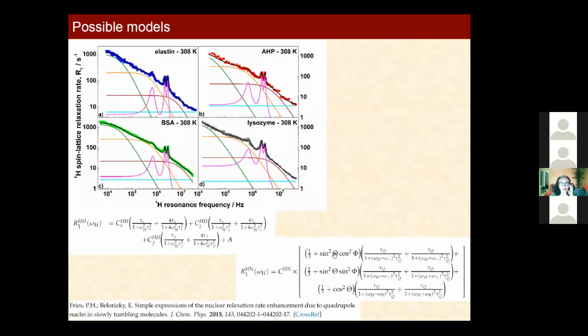Actually, this equation, also for higher spin quantum numbers, not only 1, was derived by Pascal Brice. And it's a pity that somehow this concept is not exploited more. I will come to the details of this subject later. Now, you agree that it fits, yeah? So, okay.